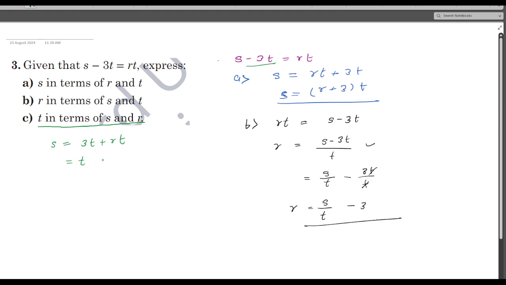Then t we can take common, so it is t times 3 plus r in the bracket. Now both the sides I will divide by 3 plus r. So s divided by 3 plus r will give you t. So therefore the answer is t is equal to s divided by 3 plus r, or we can say r plus 3. So your t is equal to s divided by r plus 3.